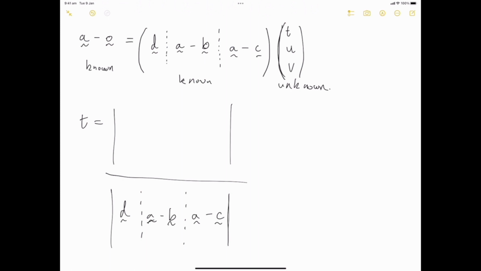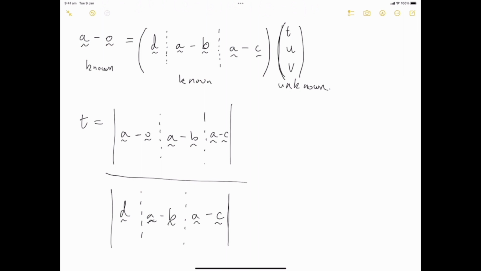Now on the numerator, t is the first parameter that we want to solve for. So we go back into this matrix and swap out the first column with the right-hand side. We'll take that A minus origin, because that's the right-hand side, put it in the first column because we're solving for the first unknown, and the rest will just be the original system matrix.